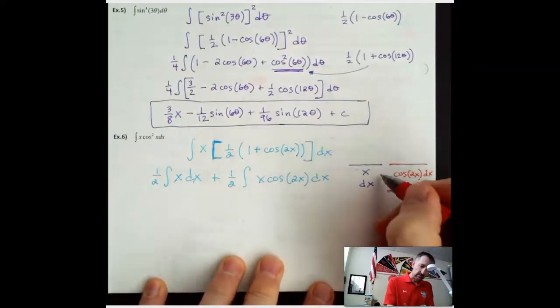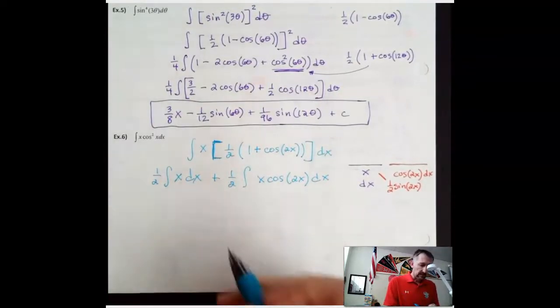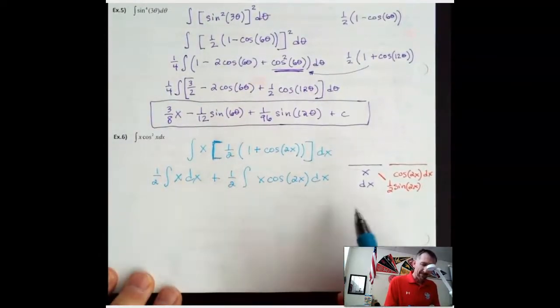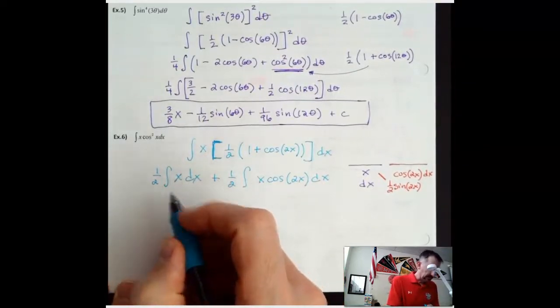Okay, so remember we go like this. How do we want to do this here? I don't know how much of that I want to do in one step.